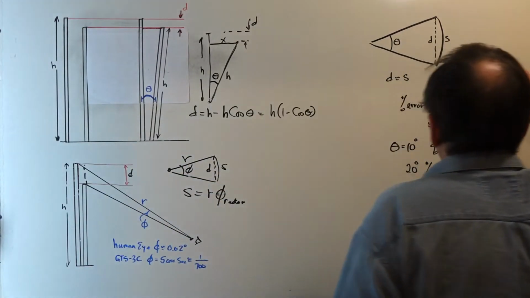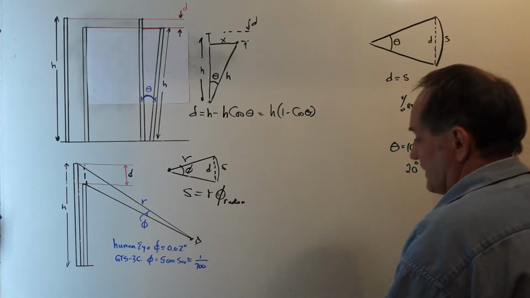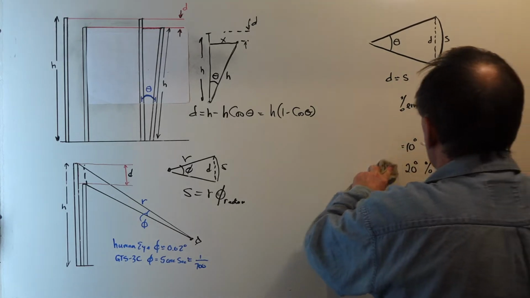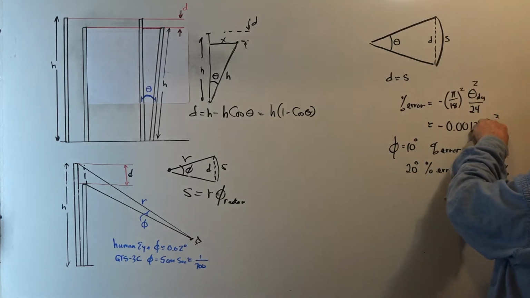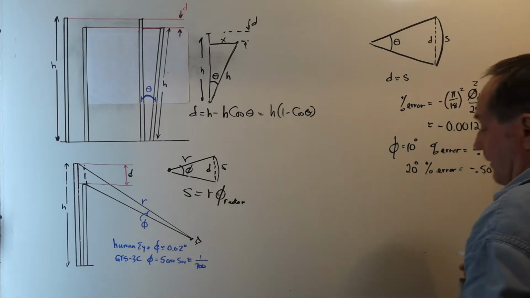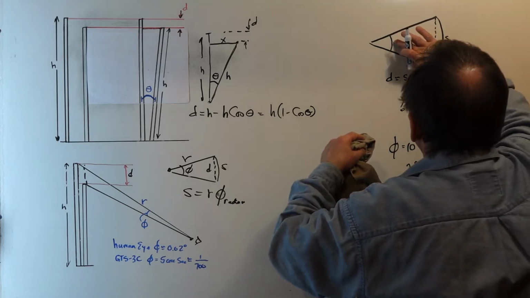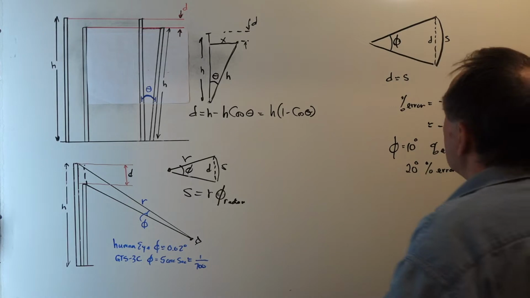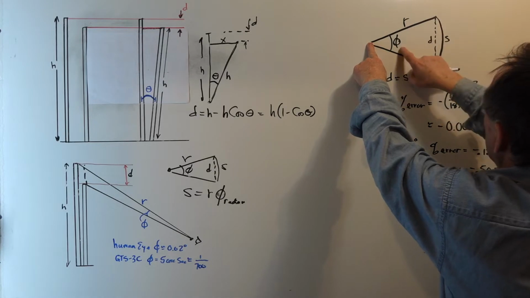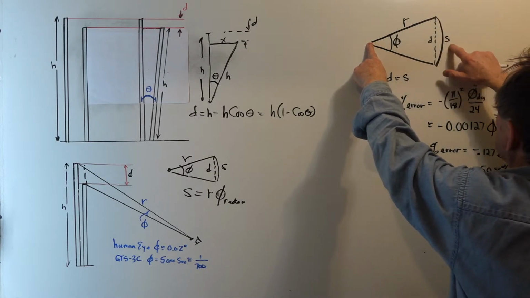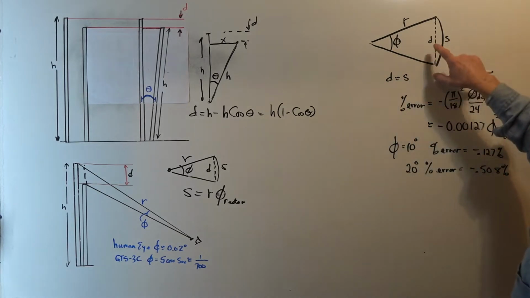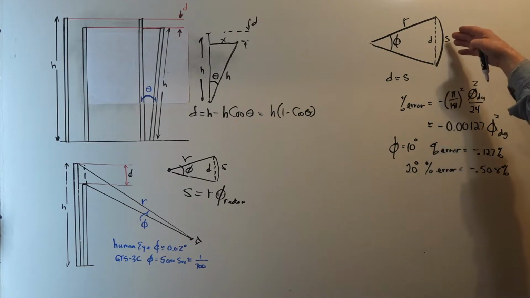For example, this is the diagram that I have here, and this is our angle phi. So we have a radius r that we're sweeping out an angle phi. We sweep an arc length out s, and we want to really know what d is in relationship to s.